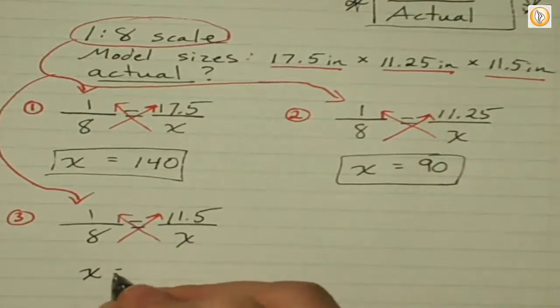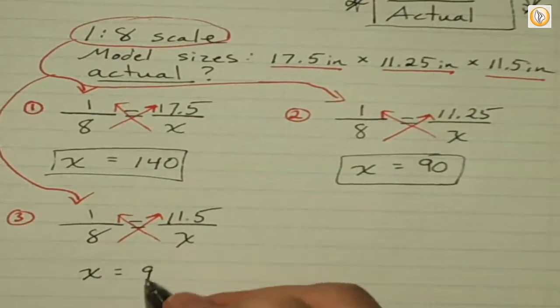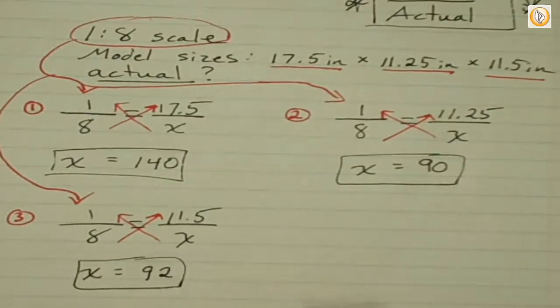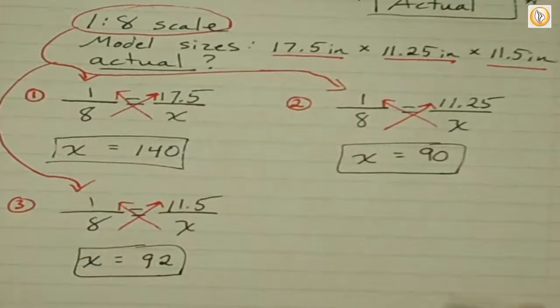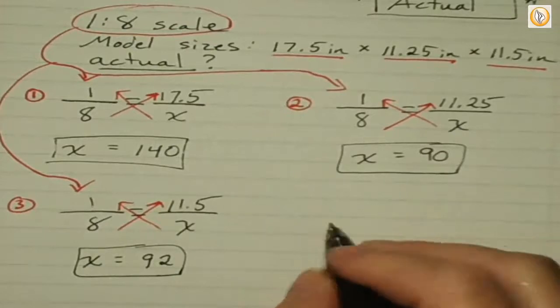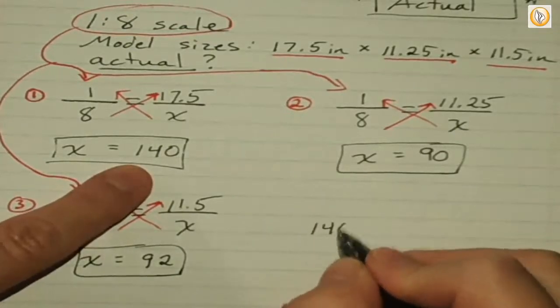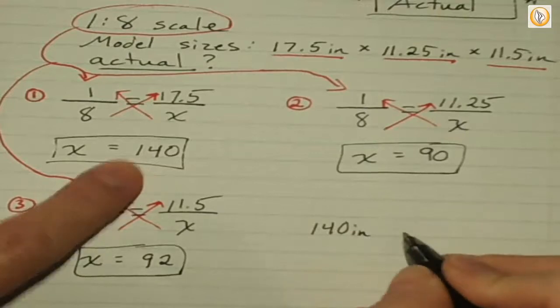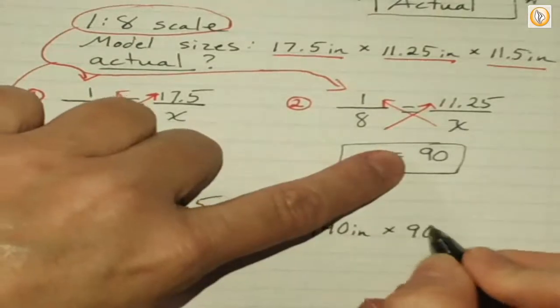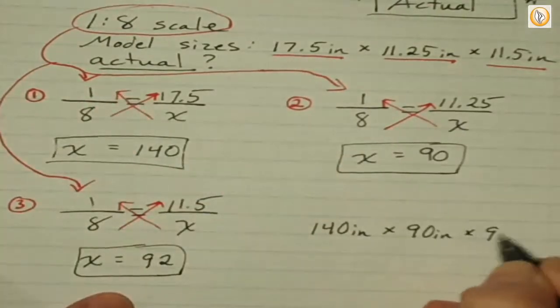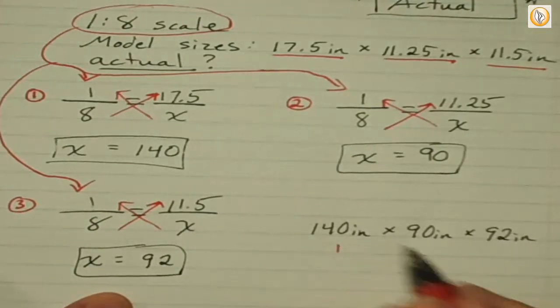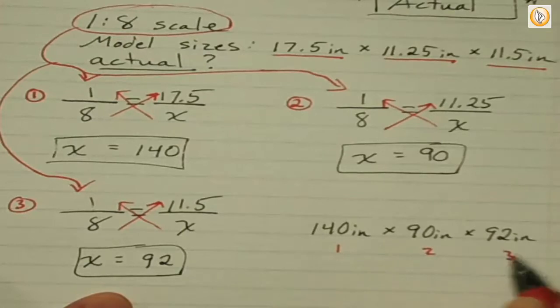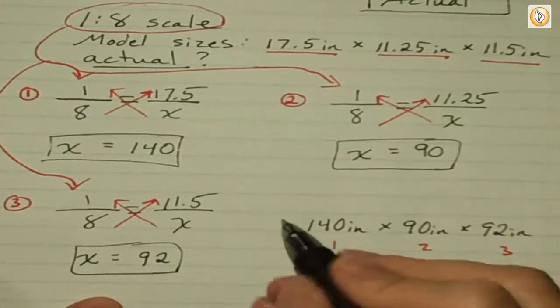I'm writing fast, y'all can catch up. X equals 92. So then my answer is 140 inches by 90 inches by 92 inches. This is my first number, second, and third. And there's my answer.